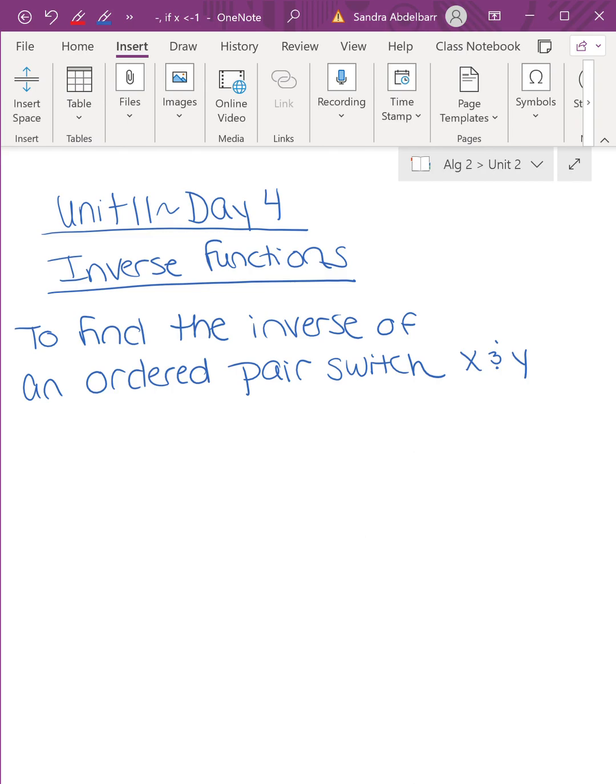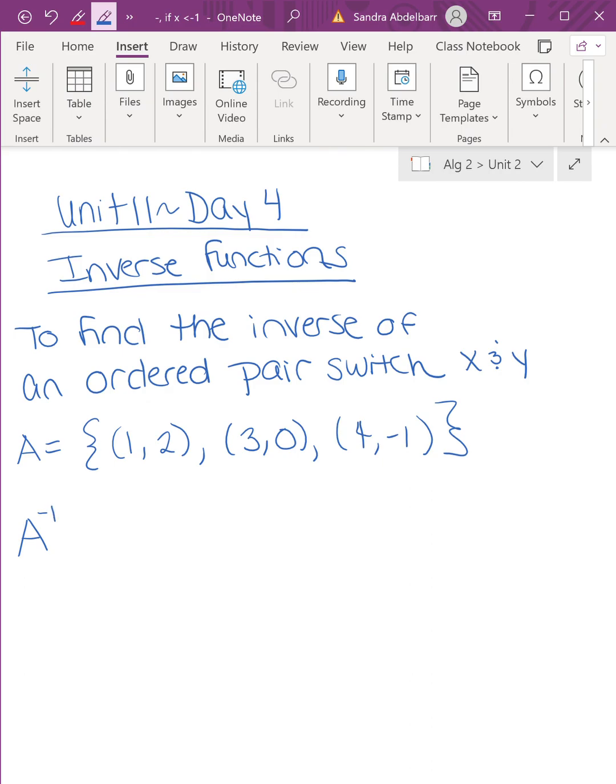Okay, so let's say I gave you a relation. I have set A, and it contains the points (1, 2), (3, 0), and (4, -1). Now let's say I want to find the inverse of this relation. The way we represent inverse is the negative 1 on top of the set.